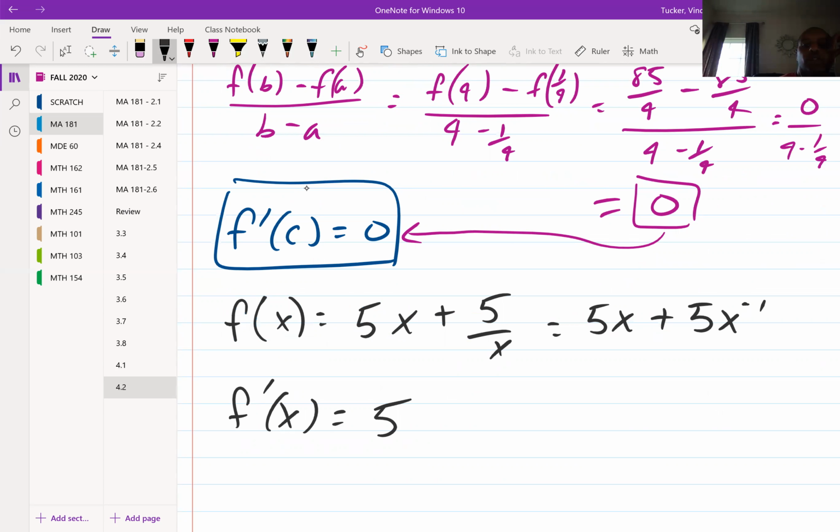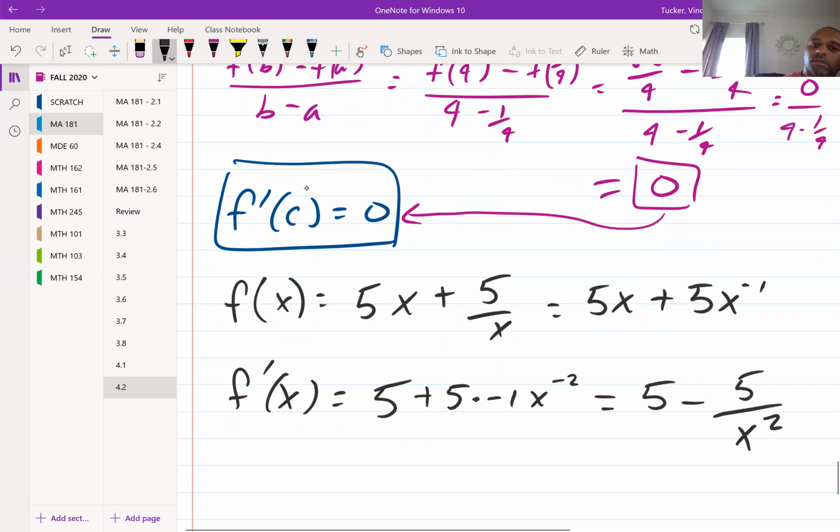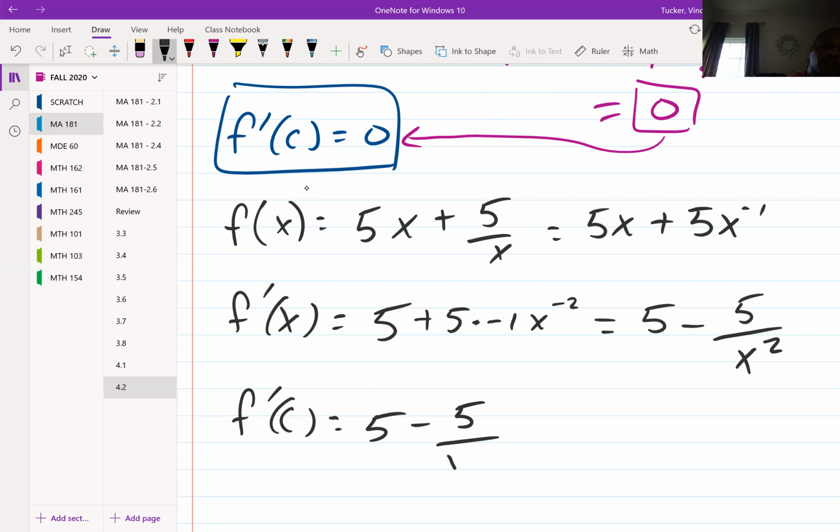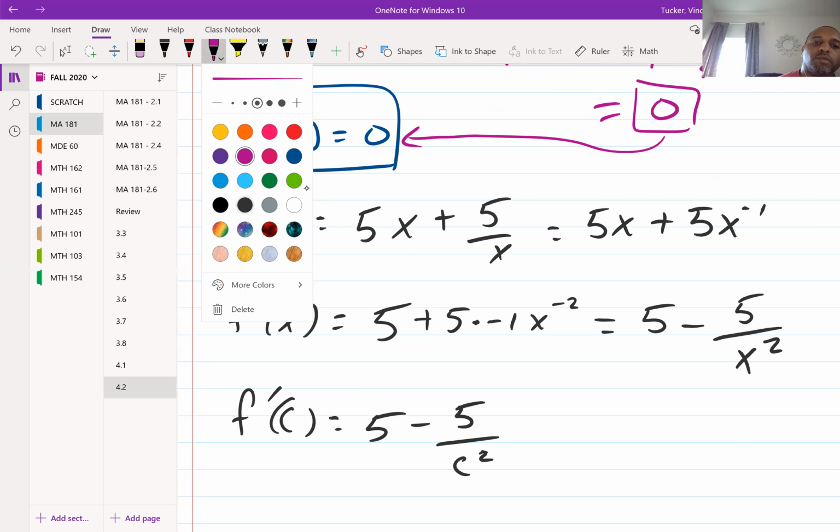Then for the derivative of 5x to the negative first, you bring down negative 1 and subtract 1 from negative 1, which would be negative 2. So that's 5 minus 5 over x squared. 5 minus 5 over c squared. And I probably should have used my blue here if I was staying consistent. That's all good.